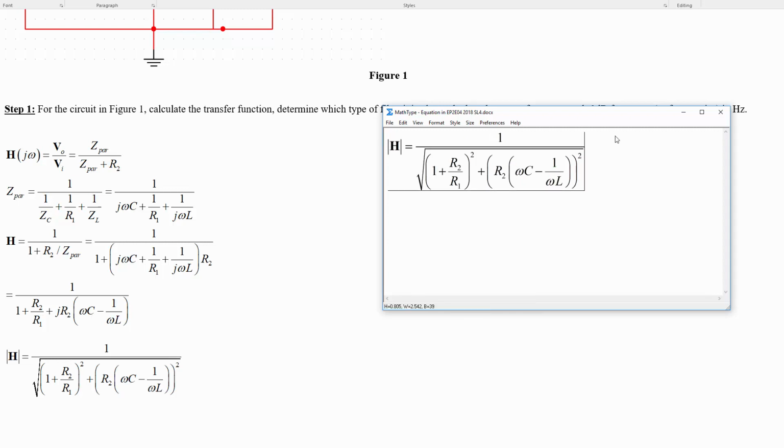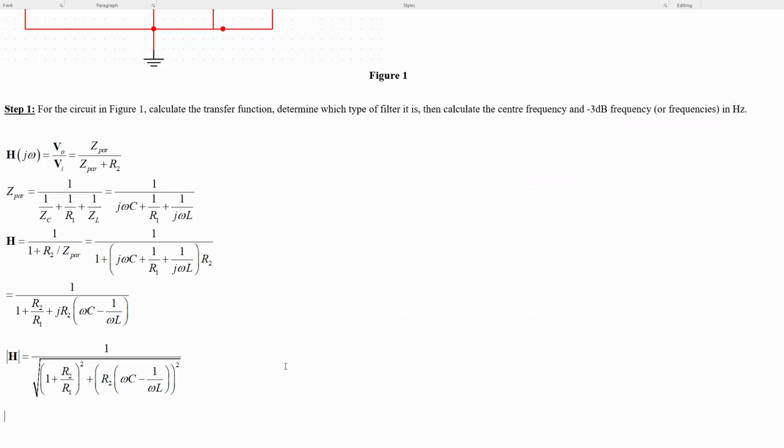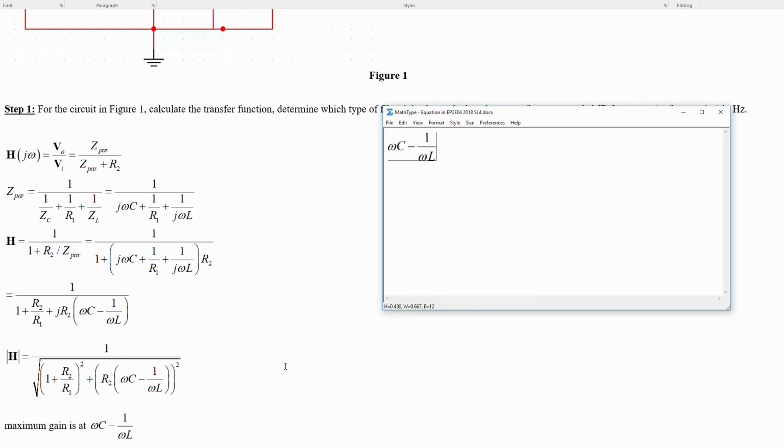And yeah, so you see the maximum gain is when we have the minimum in the denominator here. And the minimum, this part is not a function of frequency. This part's a function of frequency. And we'll get the minimum when we have this thing that can actually go to 0 going to 0. So the maximum gain is at this equals 0, which means omega is 1 over root LC.